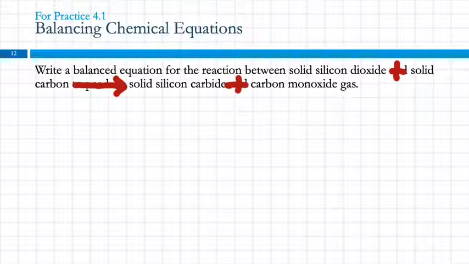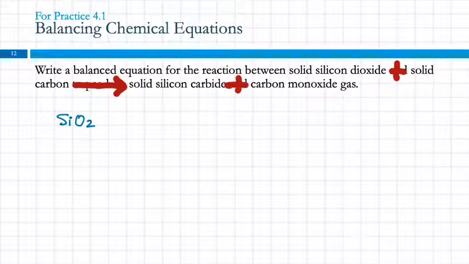So silicon dioxide, we're using the prefixes. There's no prefix in front of silicon, and so that's just one silicon. And how many oxygens? 2. So SiO2.